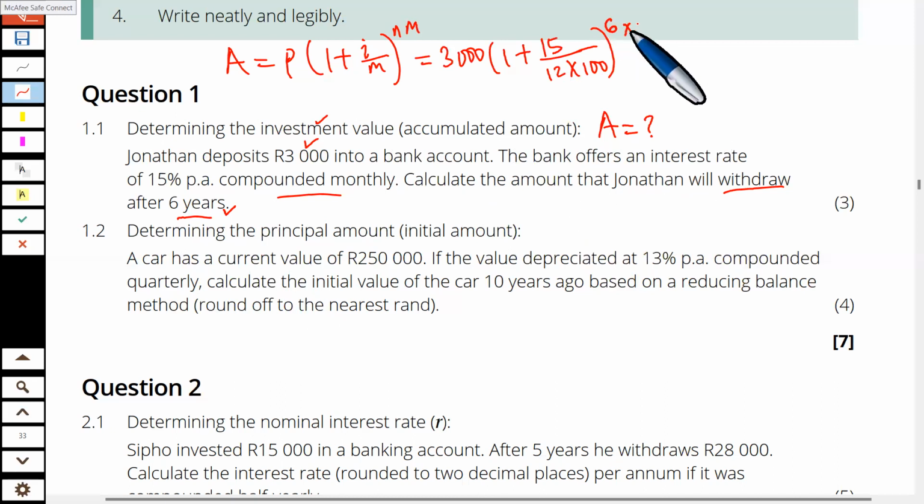So it's 6 years times 12. What is the answer? Right, you might be right. I need to check because I did not do this myself before. So it's exactly 3,000 into 1 plus 15 over 12 over 100, close the bracket, to the power 6 times 12.